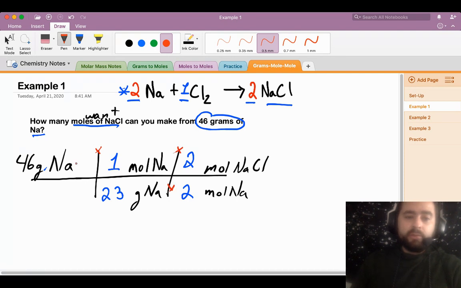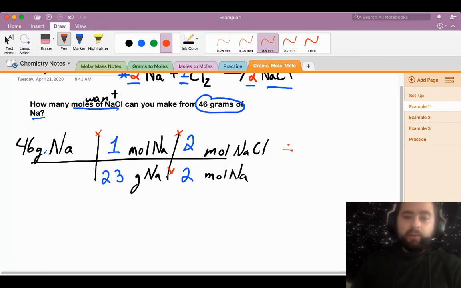Now I have to multiply all of the top across, and the bottom across. And then after that, I need to divide my top from the bottom. So gram of Na cancels with gram of Na. Mole of Na cancels with mole of Na. So I'm going to be left with mole of NaCl, which is what I want.